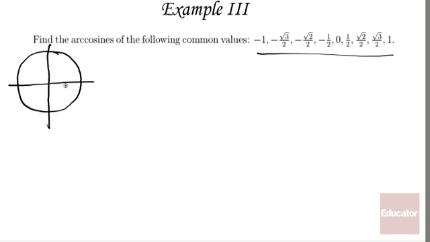And once you start with a unit circle, remember that with arccosine, you're looking for values between 0 and pi. Arccosine is always between 0 and pi. So we're looking for angles between 0 and pi that have cosines equal to this list of values.